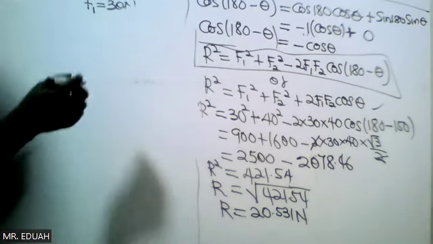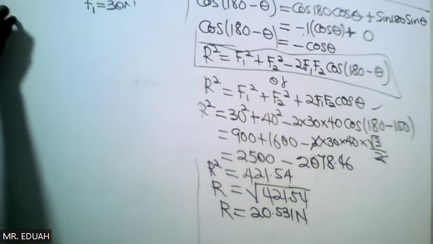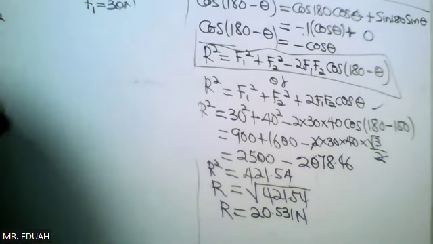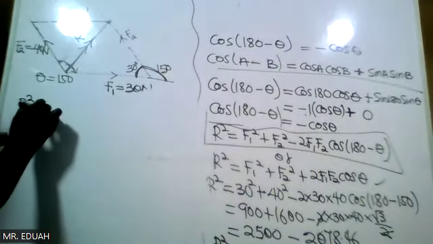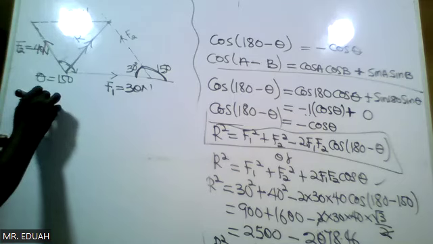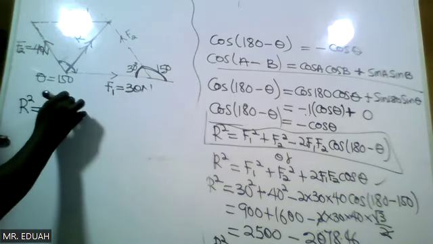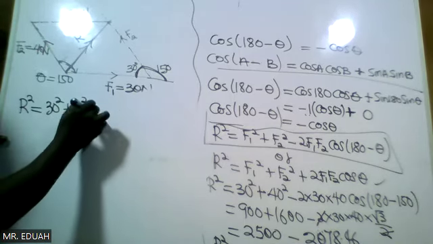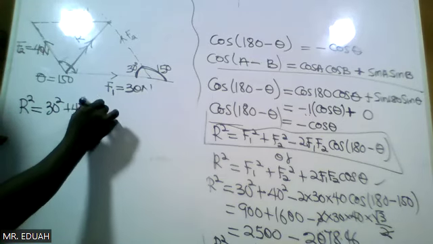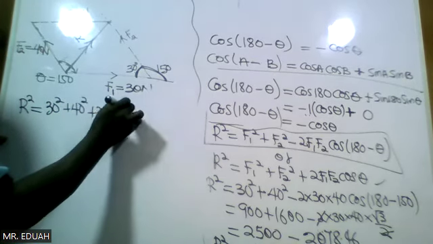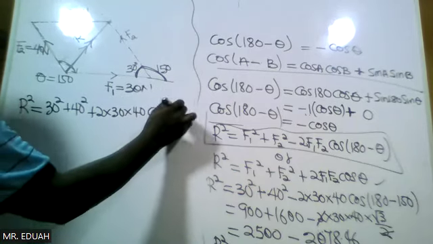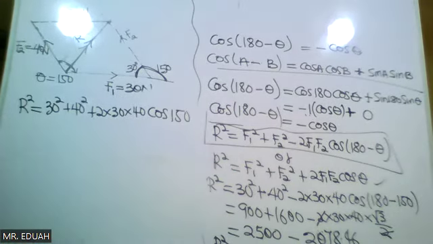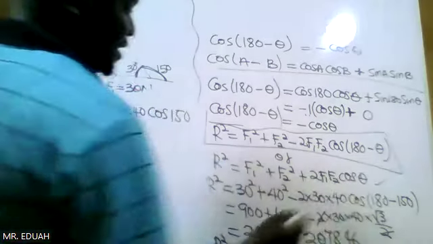So if we use the second formula, we have R squared equal to 30 squared plus 40 squared plus 2 times 30 times 40 cos of 150, because theta is 150.